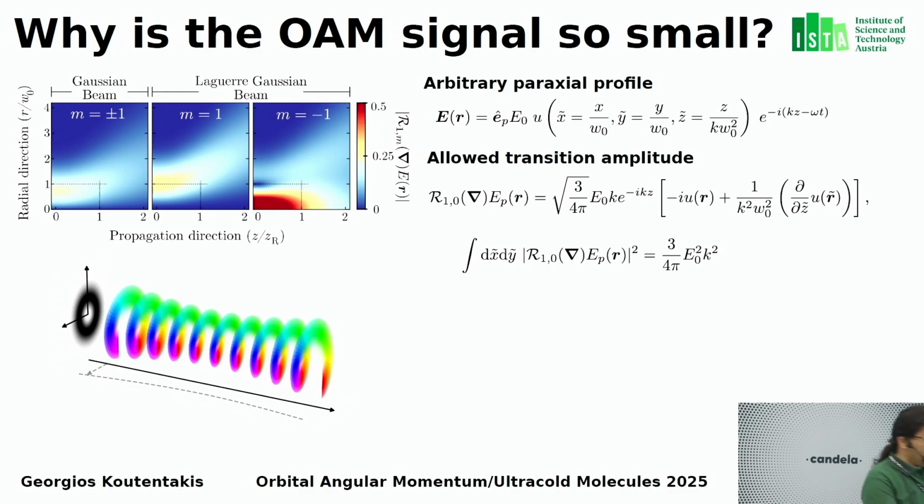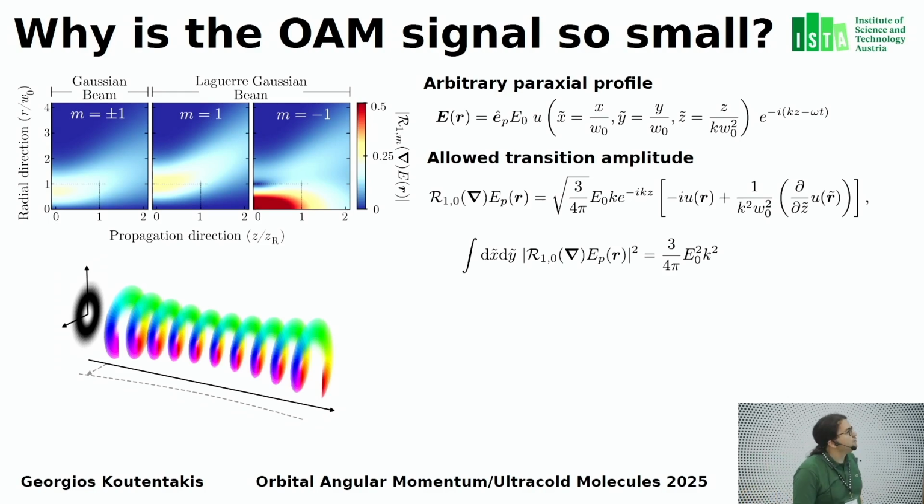So we take an arbitrary paraxial beam. We can split it into four components: the polarization, the electric field, the phase, and a dimensionless factor if you remove all the scalings. That is the shape of the beam.